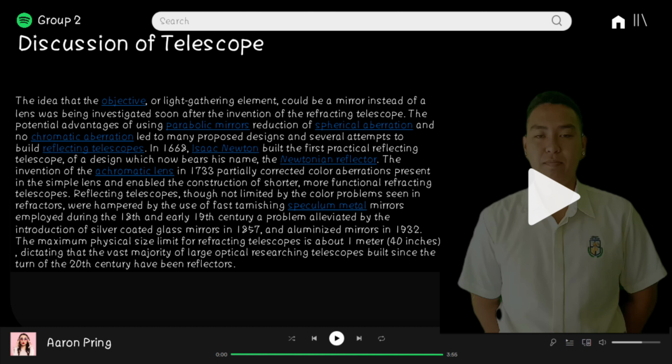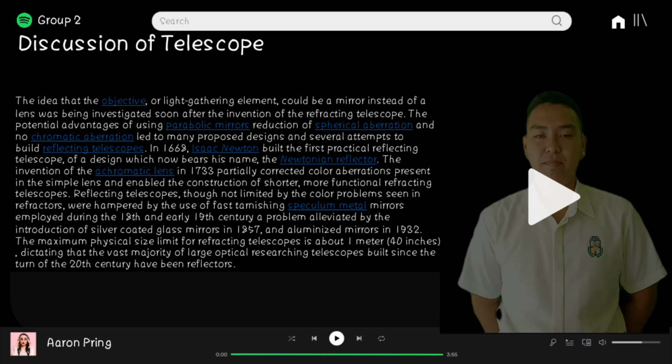Discussion of telescope. The idea that the light gathering element could be a mirror instead of a lens was being investigated soon after the invention of the refracting telescope. The potential advantages of using parabolic mirrors, reduction of spherical aberration and no chromatic aberration, led to many proposed designs and several attempts to build a reflecting telescope.